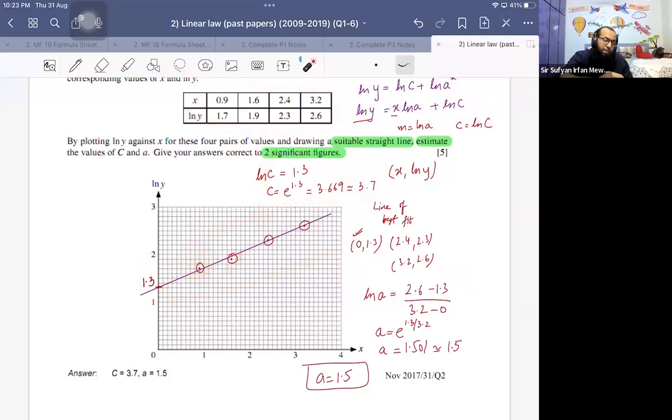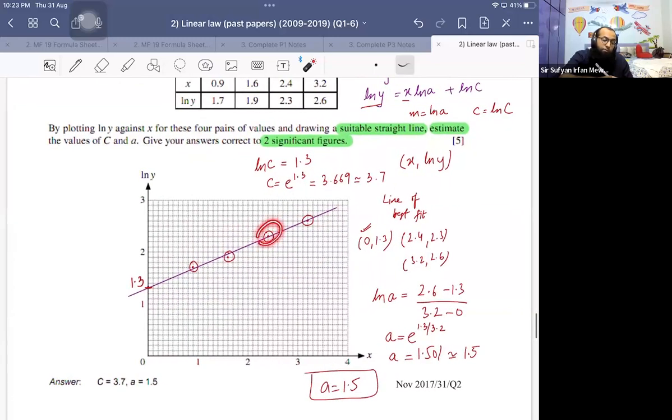You should only take the coordinates of those points which lie on this line of best fit. So we can see that one of the points is (2.4, 2.3), and another point is (3.2, 2.6), and also we have found (0, 1.3). We have 3 coordinates. We can use any 2 coordinates to find the gradient.